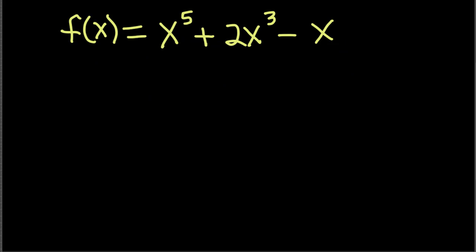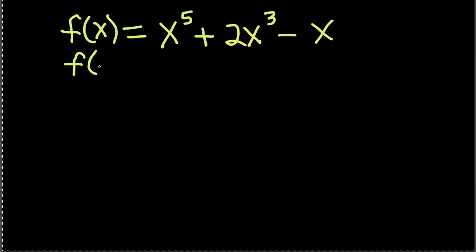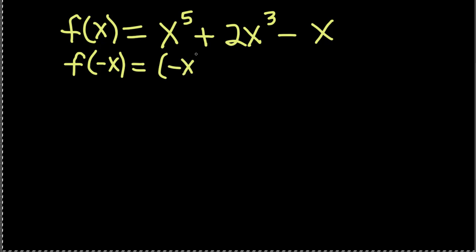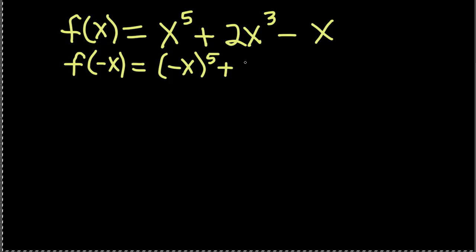I would like to know if this function is even, odd, or neither. So I'm going to start by finding f of negative x, which is easy to do. I just plug negative x in for every x in the original function, like this.